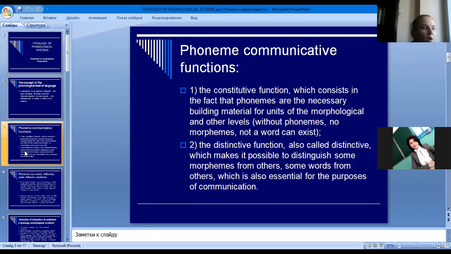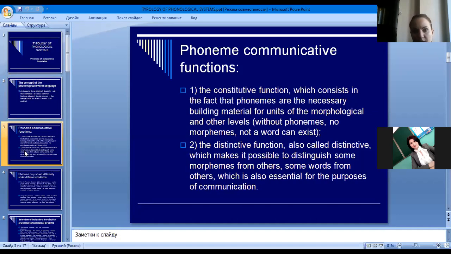For example, one of these common signs may be the explosive nature of sounds or nasality or some other phenomenon. At the same time, the phoneme, as the basic unit of the phonological level of the language, performs two very essential functions for communicative purposes.